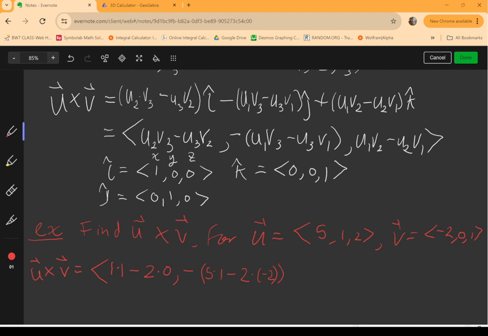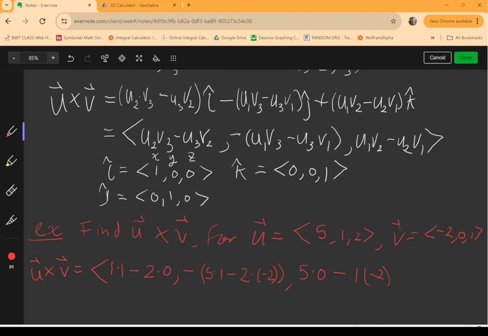And then lastly, our final component, the z component, we have u1, which is 5, times v2, which is 0, and then u2, which is 1, times v1, which is negative 2.